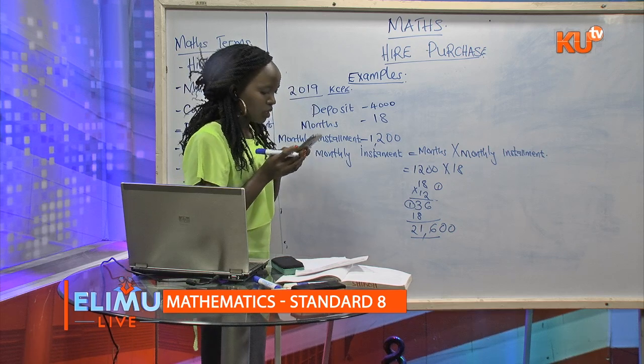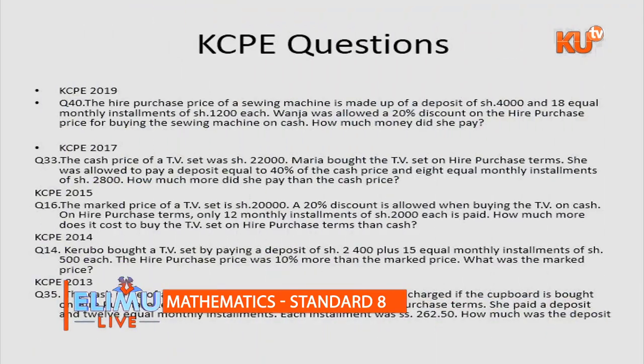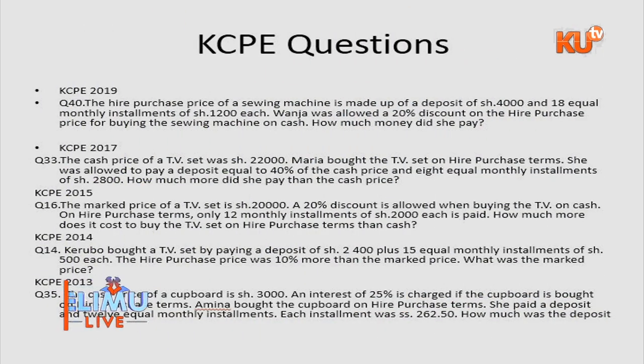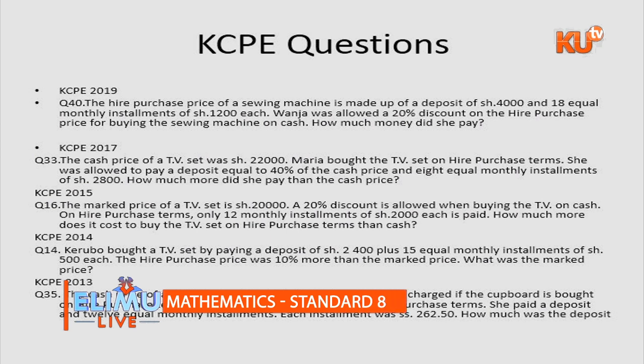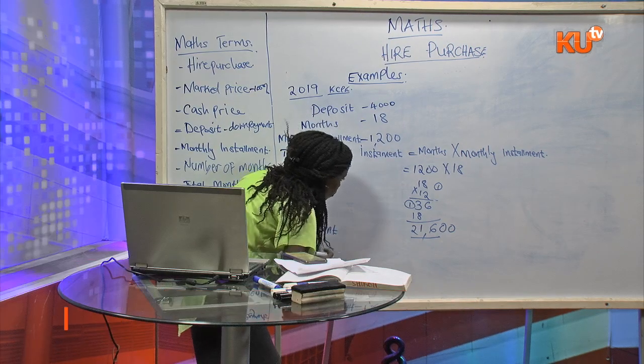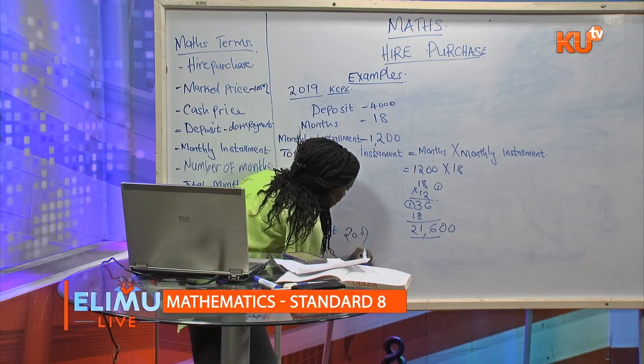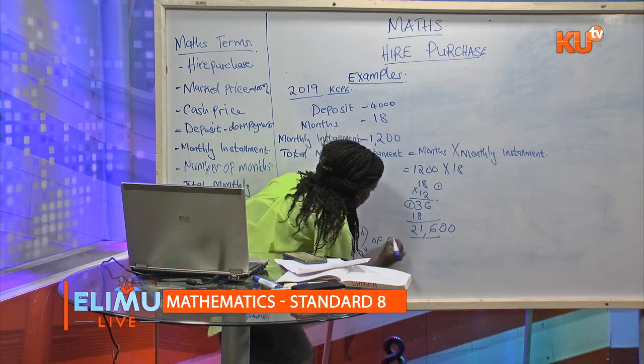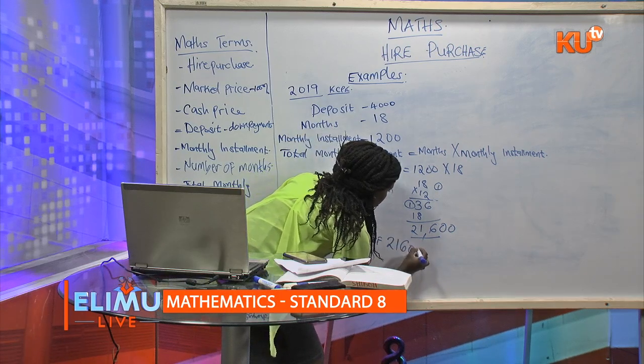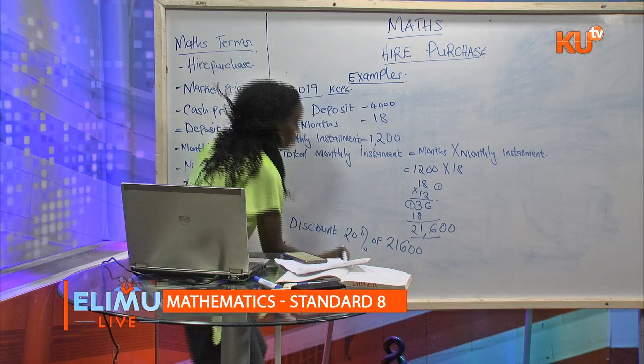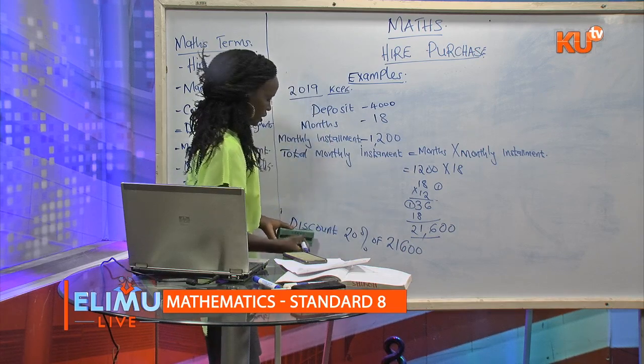We continue with our question. It says that Wanja was allowed a 20% discount on the hire purchase. So a discount was given on the hire purchase, which was 20%. So it is 20% of the hire purchase, which was 21,600. So we calculate the discount that was given.